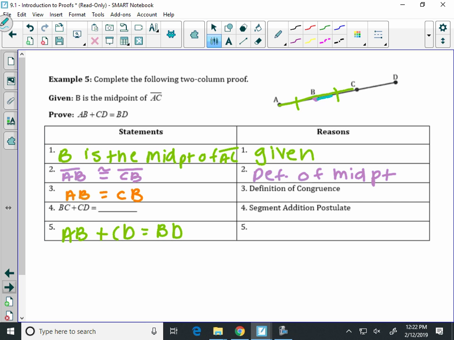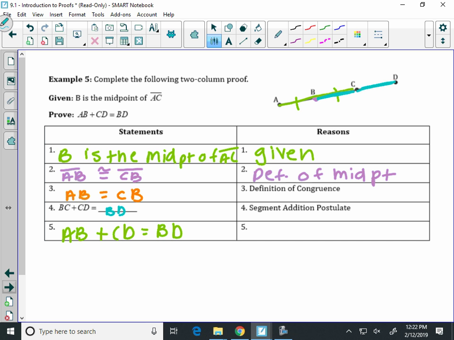It's saying BC plus CD. And if you combine BC and CD together, what's the big segment that they form? What is it? BD. So BD is going to go in this blank, using this segment addition postulate. This guy plus this guy equals the whole thing.